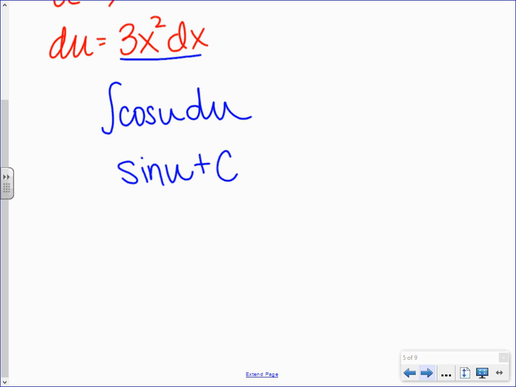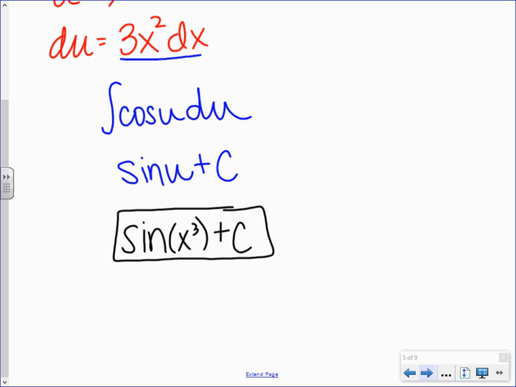I knew you'd get there. Okay, so Logan, how would I want you to rewrite this for your final answer? Sine of x cubed plus C. Very good. Replace u with whatever you used for the substitution.